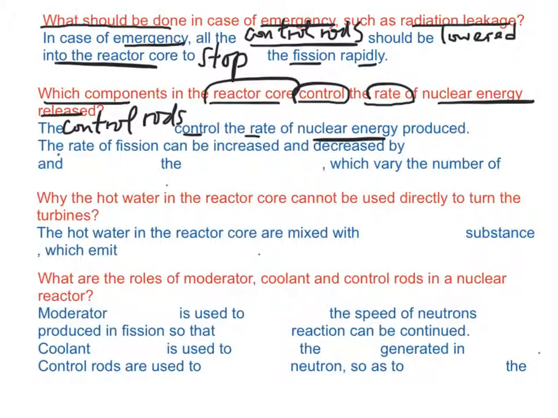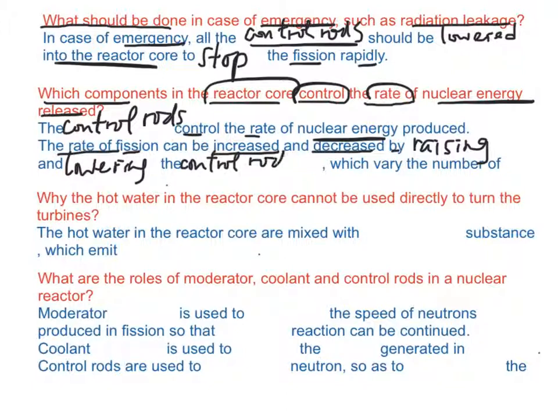Because the rate of fission can be increased and decreased by raising and lowering the control rods respectively, which will vary the number of neutrons inside.